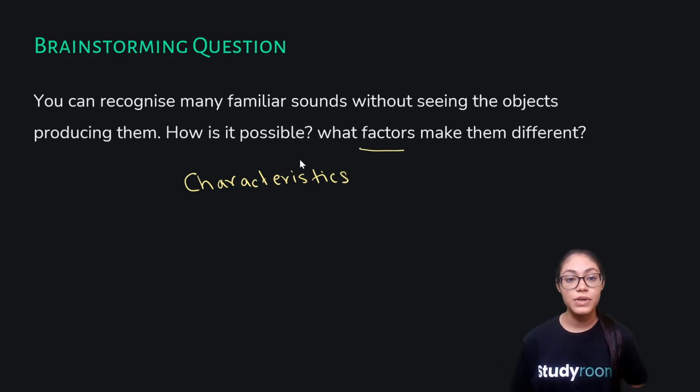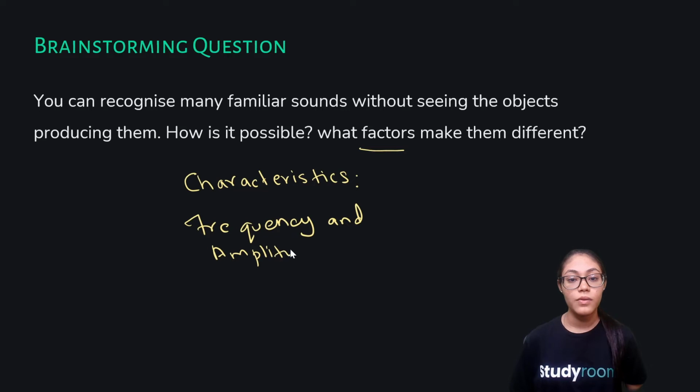These characteristics are frequency and amplitude. Different sounds have different frequency and amplitude, and these are the characteristics which make one sound different from the other, right? So let's move on.